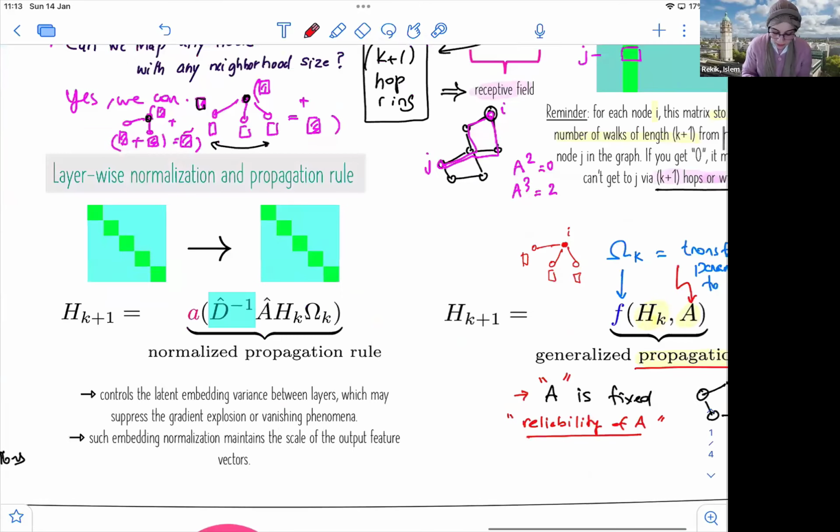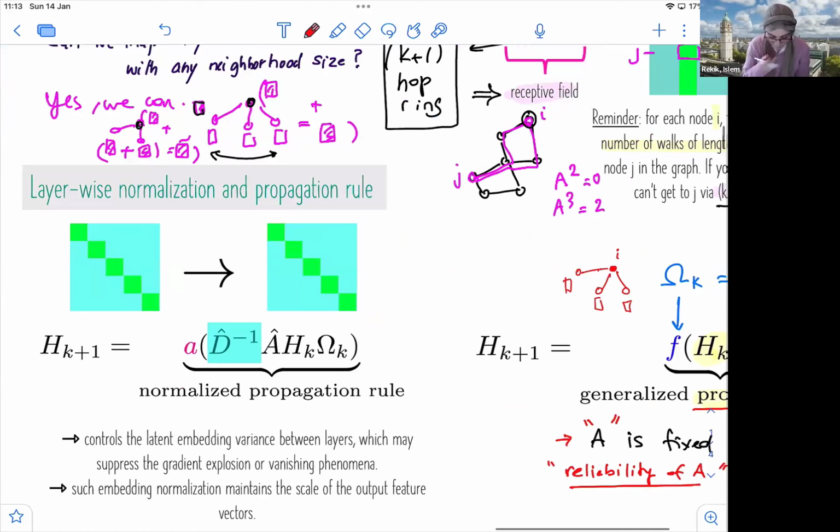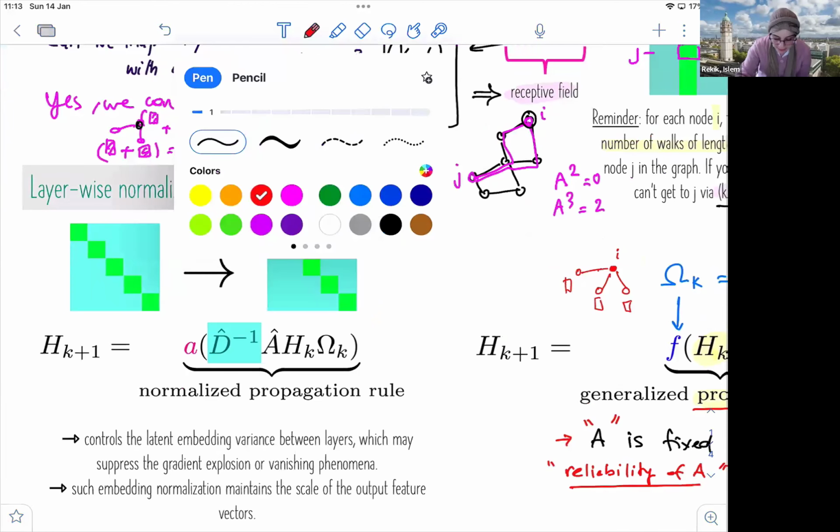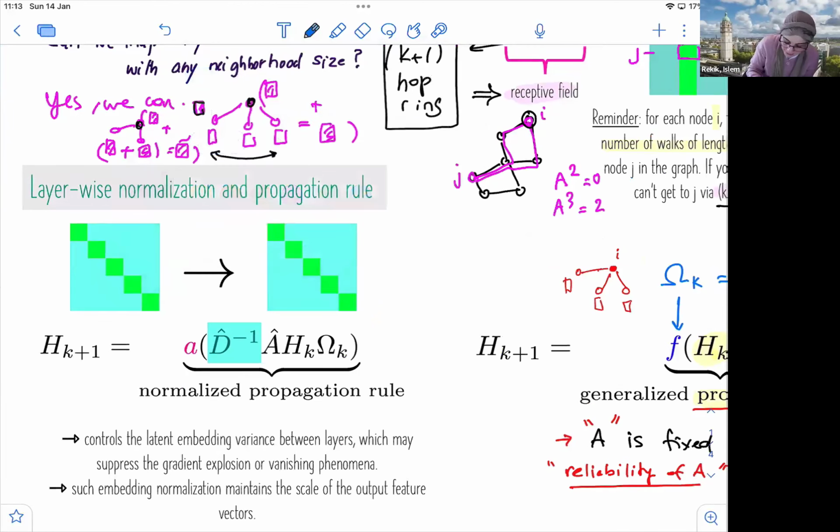Now let's talk about the layer-wise normalization. So now, in this formula, we have updated the A hat. The A hat is multiplied by the inverse of D hat. D hat is the node degree of all nodes that we have in A hat.